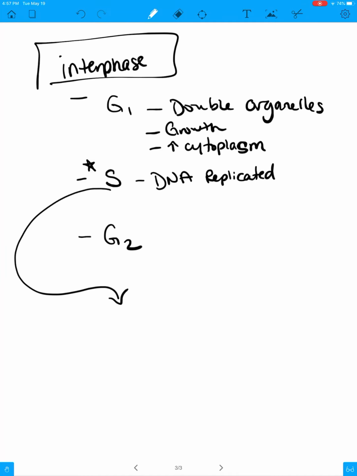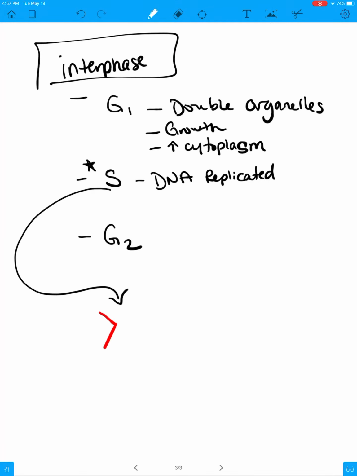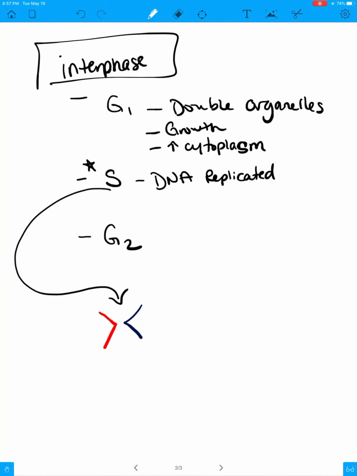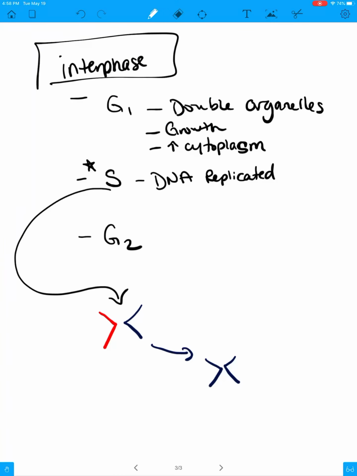Okay, so we have one from mom and we have one from dad there. And so what's going to happen is when we replicate the DNA, this is going to go like that, okay? And this one is going to go like that, okay?